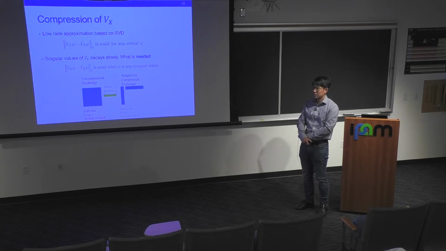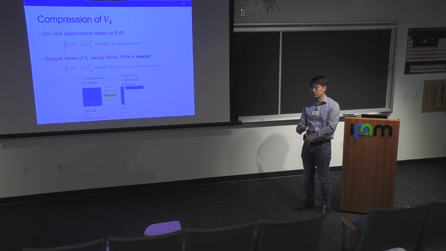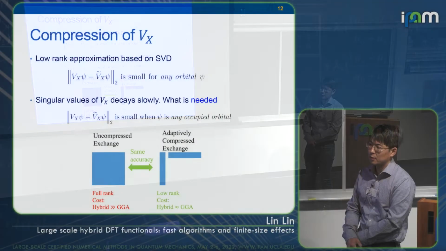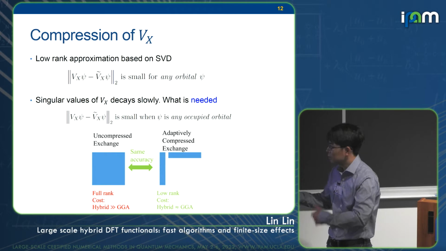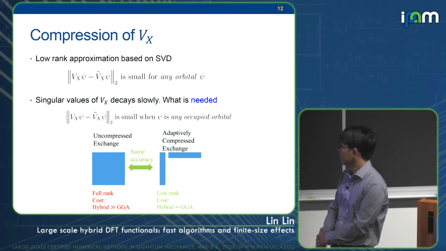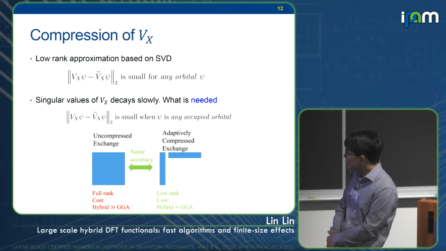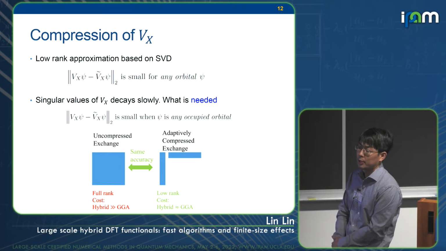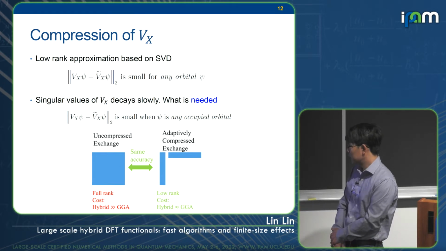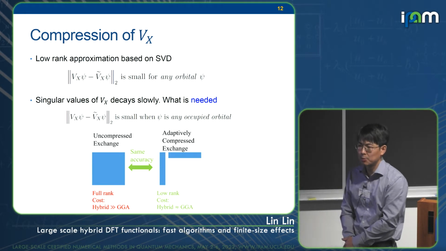I want to find a surrogate called Vx tilde so that their difference is small when applied to any vector or any orbital, right? And the famous Eckart-Young theorem says that the SVD is optimal in terms of optimizing the residual. But this is not what we needed. First of all, this is not achievable because the exchange operator is a full rank operator. If you just truncate it to some low rank, it just doesn't work.